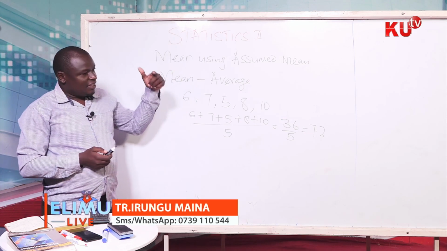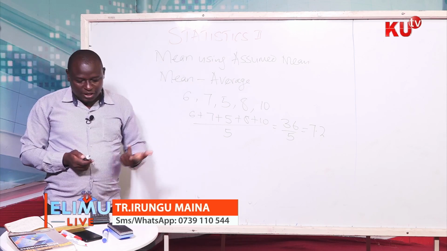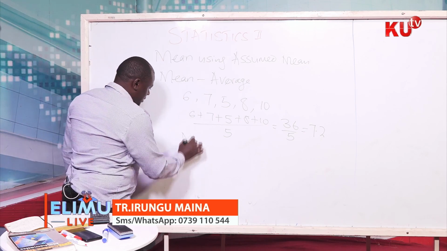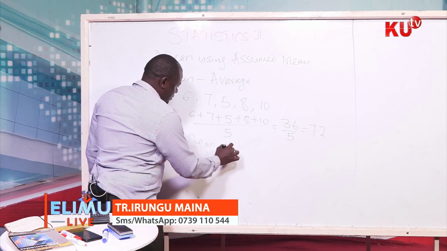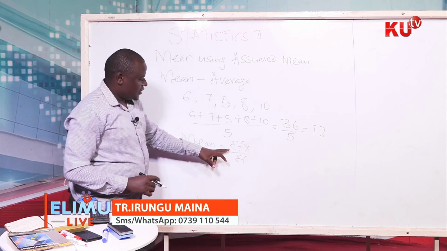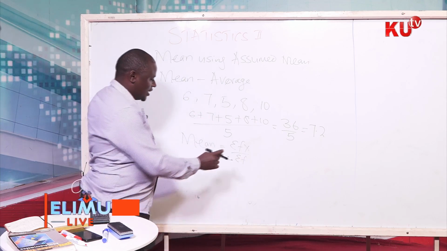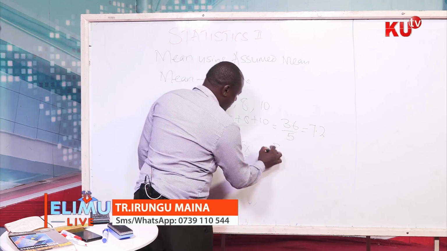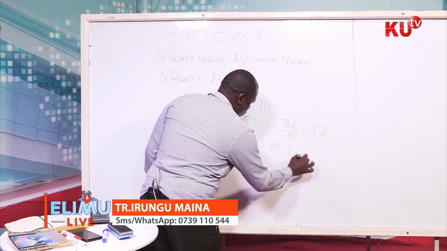Because the other mean, we call it contemporary method, is given by mean equals summation of fx over summation f. For the purposes of my learners, anytime you come across this symbol, it means sum. Sum of.